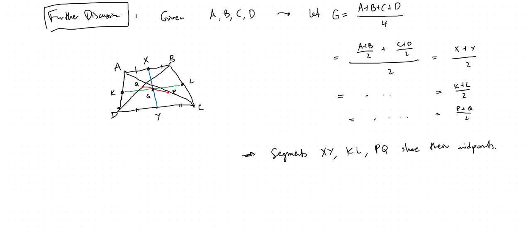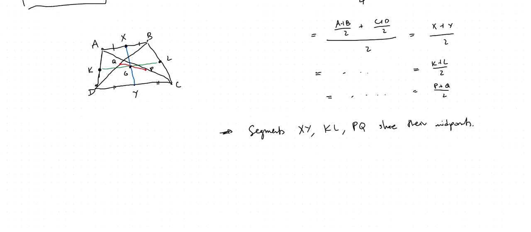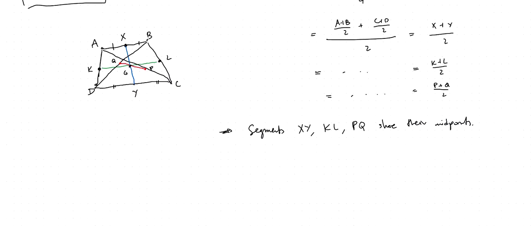And this gives us parallelograms. But an alternative way to prove the parallelograms is directly: KX and LY are both parallel to BD, and LX and KY are both parallel to AC. So KXLY is a parallelogram.